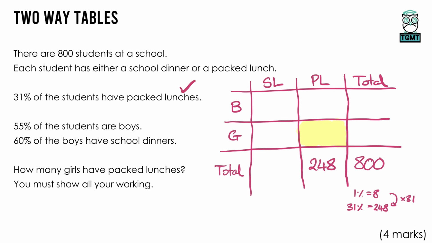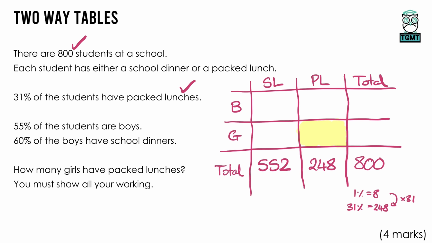I'm going to tick that off because we're done with that, and we're done with the 800. I can now find the school lunches because I can do 800, subtract 248, which gives me 552. And typically each piece of information that we put in will give us at least one more. Now the next one, 55% of the students are boys. So I can figure out how many boys there are.